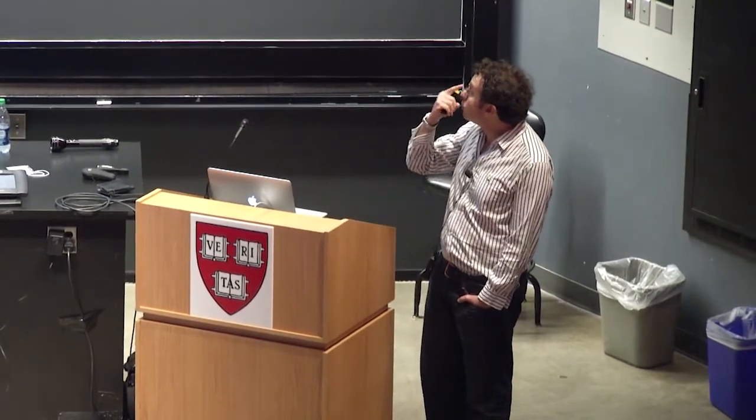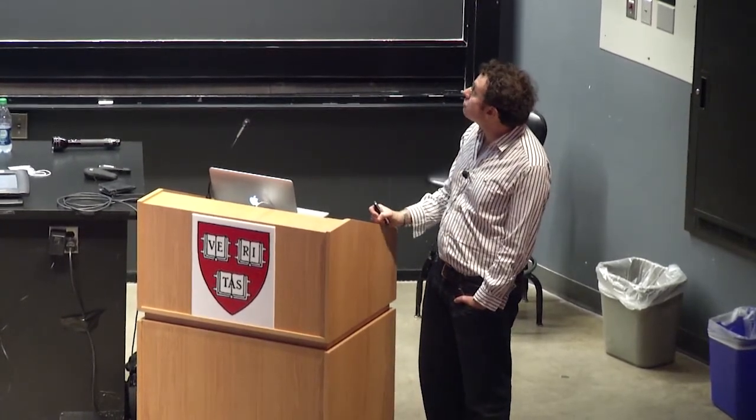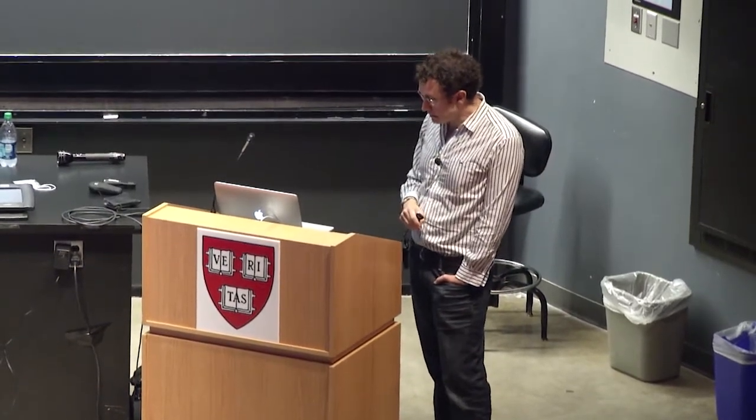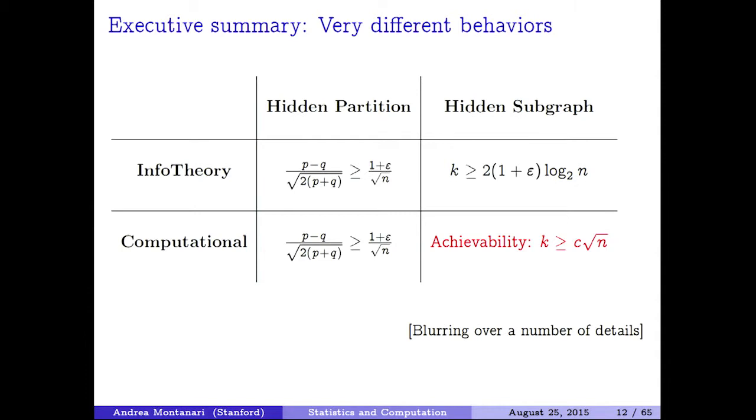Okay, and blurring over a number of details, if you want to get the overall picture of this area, this is the situation. The 2 problems behave very differently. For the hidden partition problem, there exists a threshold: when the ratio of p minus q over the square root of 2p plus q is bigger than 1 over square root of n.